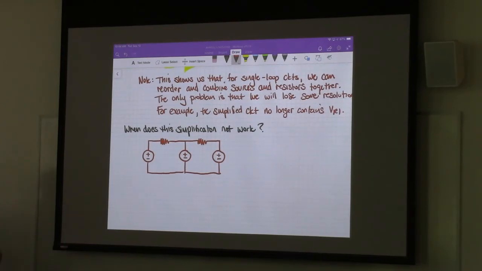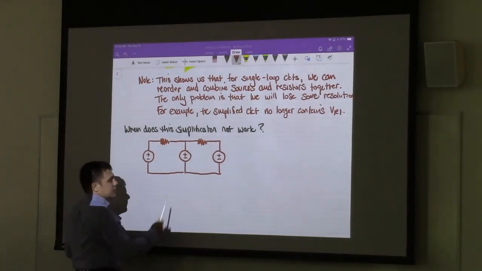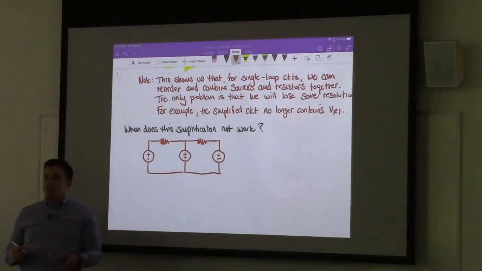For this one, it's not a single loop anymore. So you can't just sum all these voltages together and sum all the resistors together and solve for the value.